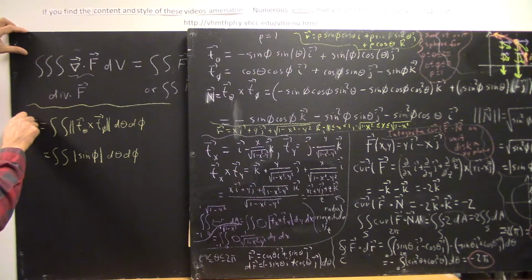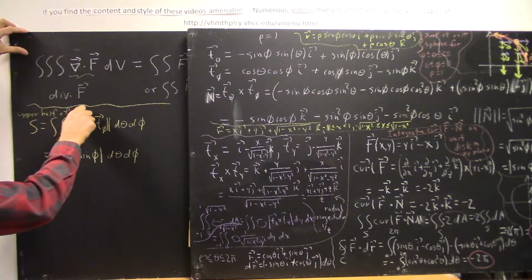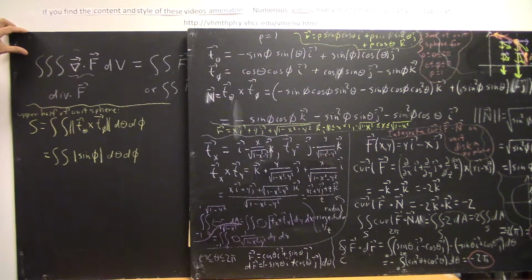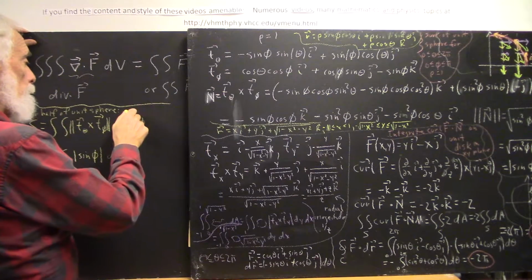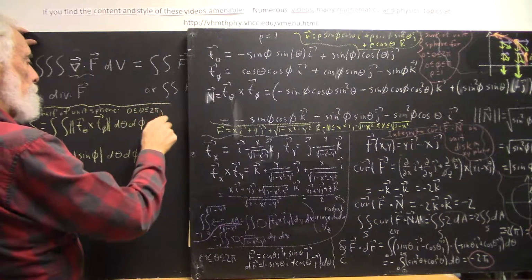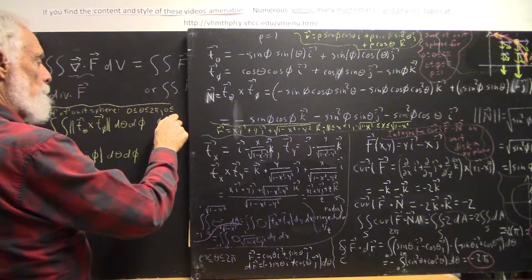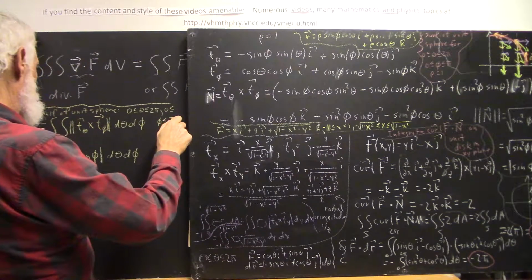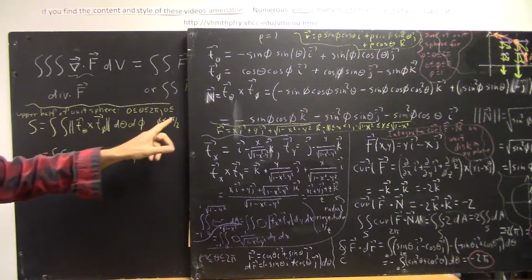So we can describe the upper half of the unit sphere in terms of this parameterization by 0 less than or equal to theta less than or equal to 2 pi, and 0 less than or equal to phi less than or equal to pi. And actually, now I want to go to pi over 2 because that's the upper half. We get the whole sphere if phi went to pi.